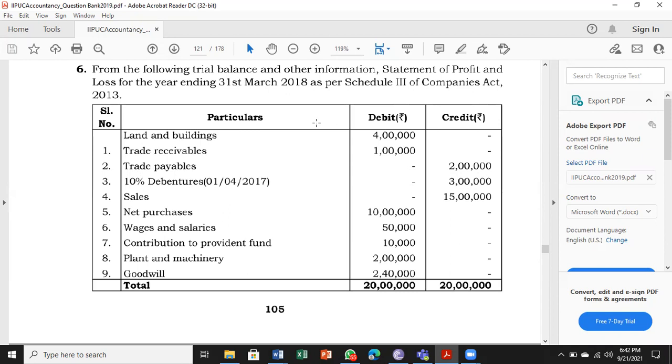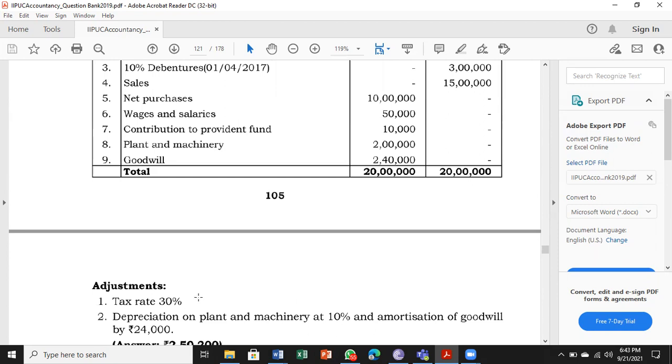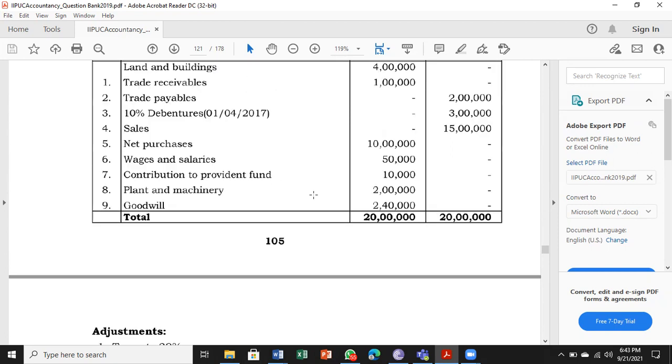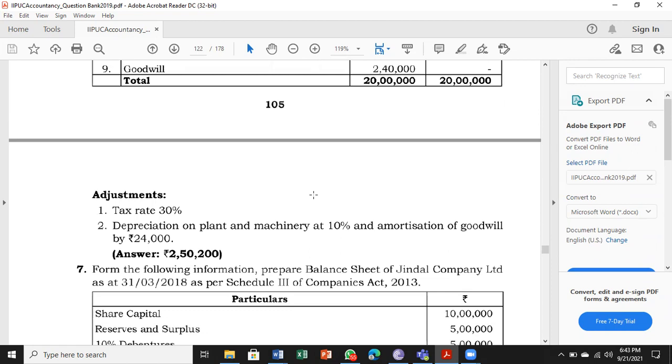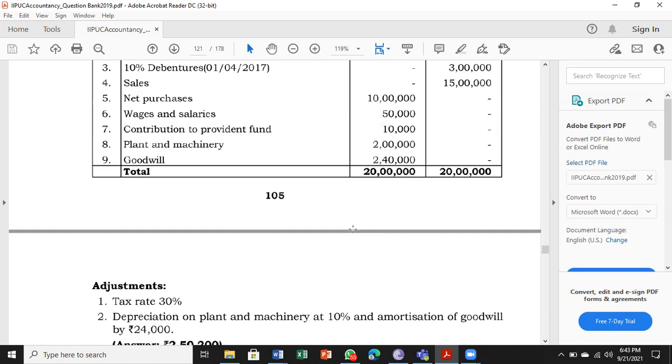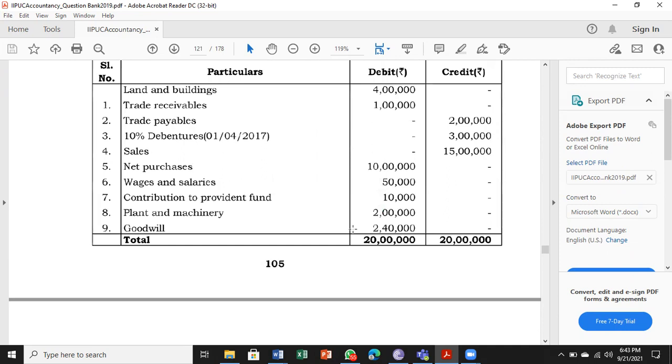But whether the company has paid or not, if you look into the trial balance, we don't find the interest paid, or in the adjustments, interest to be paid. Both are not there. If the company has paid already, it will be seen in the trial balance.